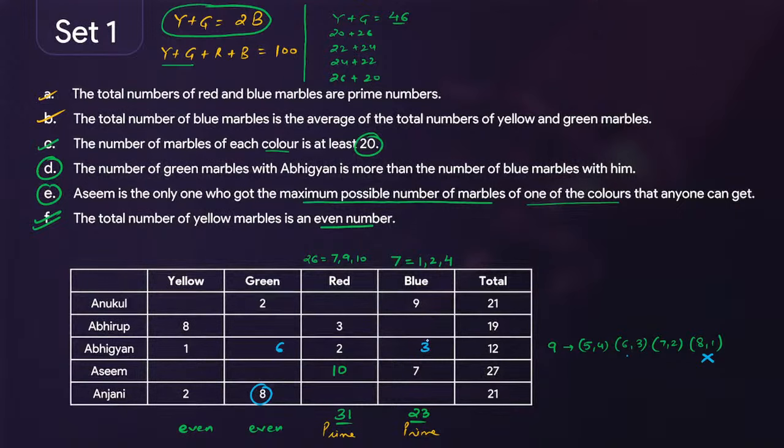Now 3 is not a possible number that can come at any of the places. So 6, 3 is also not possible. Next is 5, 4. Yes, right now it is possible. Okay, so I have already eliminated two of the possibilities. दो possibilities को मैंने हटा दिया बिल्कुल. ठीक है? Done. Next, what can I do here?